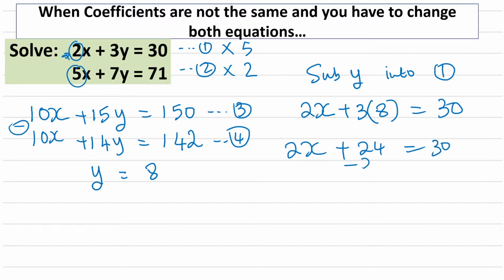So take away 24 both sides. This will give me 2x equals 30 take away 24, which is 6. Divide by 2 both sides. So x equals 6 divided by 2, which is 3.